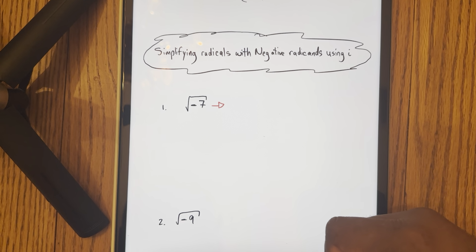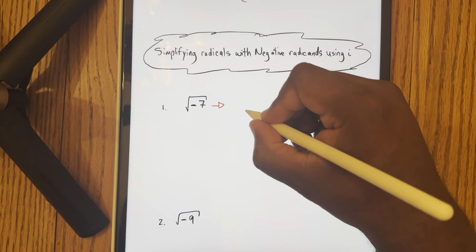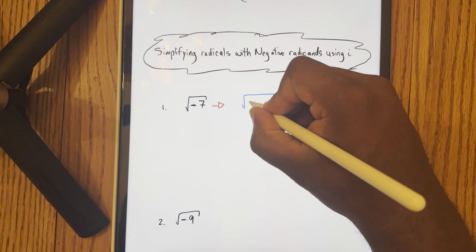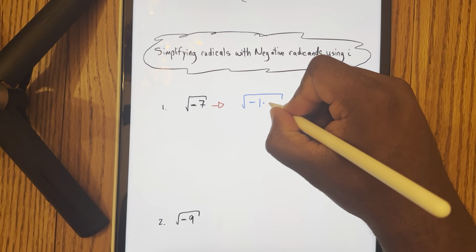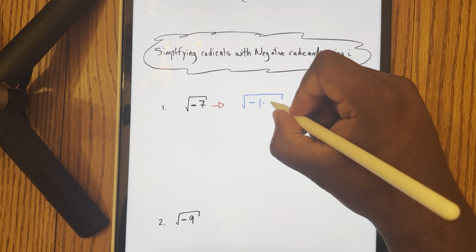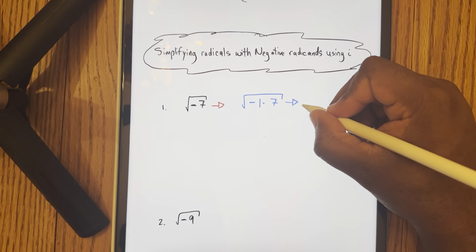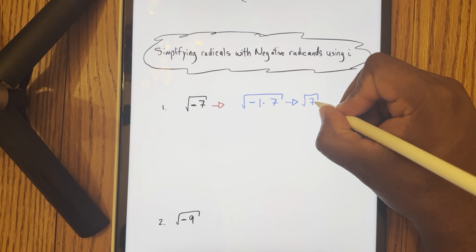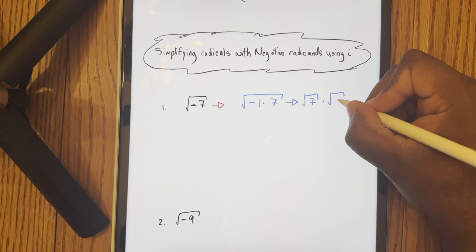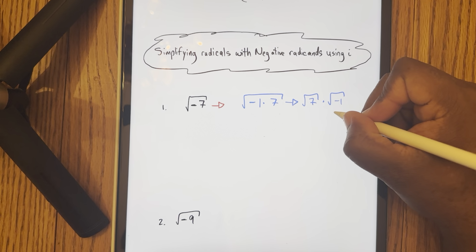So look what I'm going to do here, and tell me if this makes sense. I can split this as -1 times 7, which then I can do the square root of 7 times square root of -1, and guess what? What is the square root of -1?